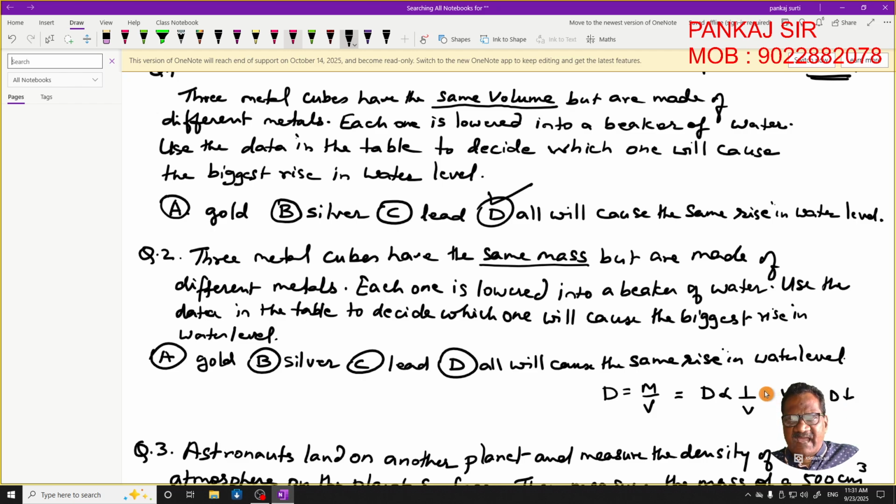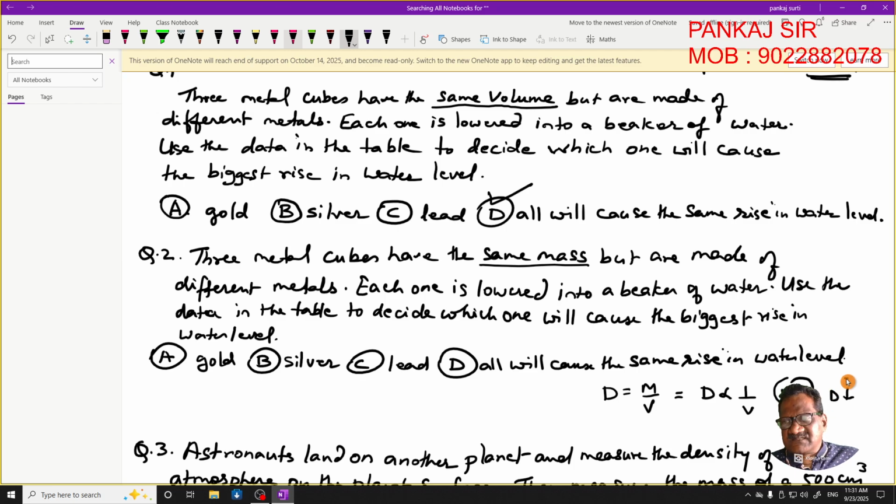Okay, and which one will show the biggest rise in the water level? The one which has the highest volume. Okay. So he has asked you only which will cause the biggest rise in the water level. So the biggest rise in the water level will be caused by the metal cube which has the highest volume. And which will have the highest volume?